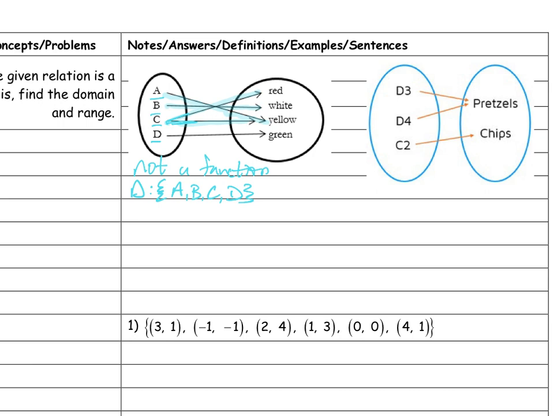So my range would be, let's see, what's my first word? Green. And then I would have red. And then I think white comes before yellow. Is that correct alphabetically? X, Y, Z. Yeah, that's it. And yellow.